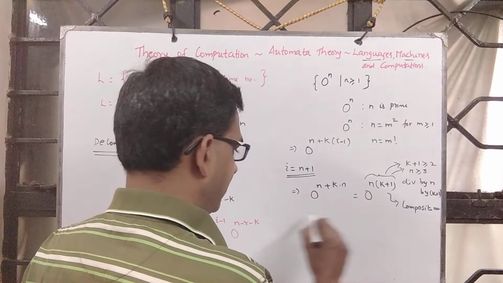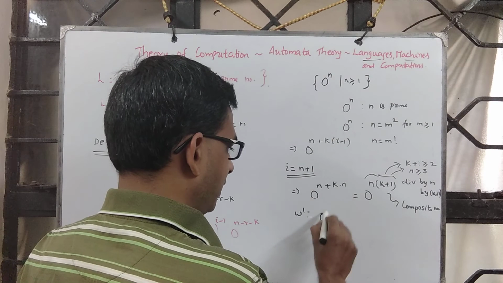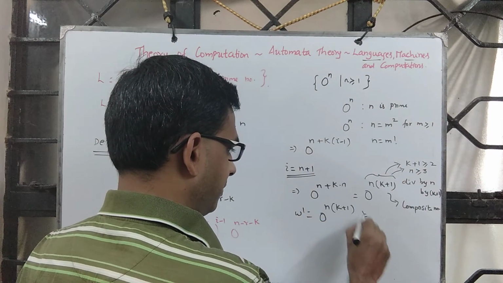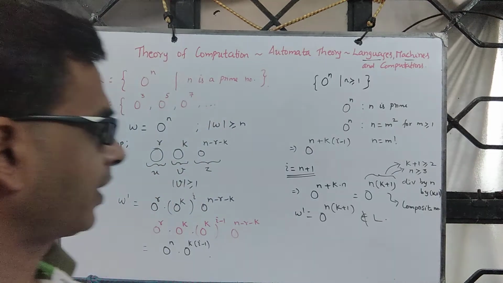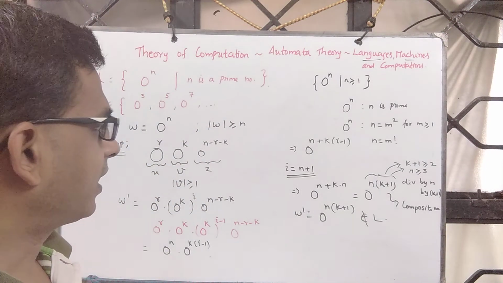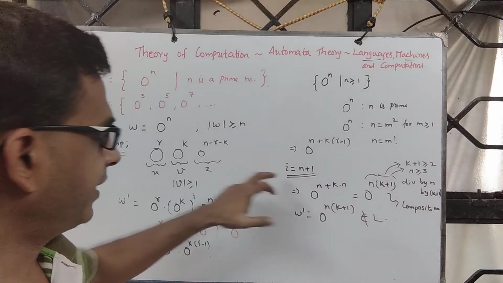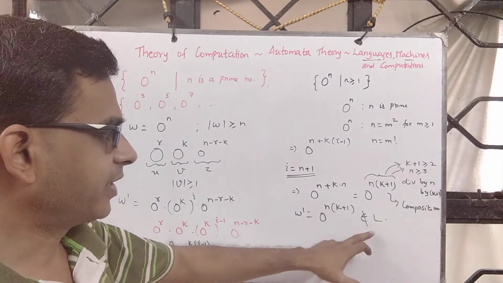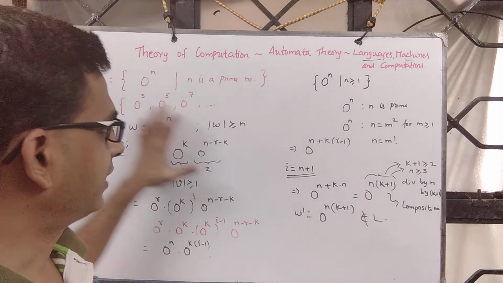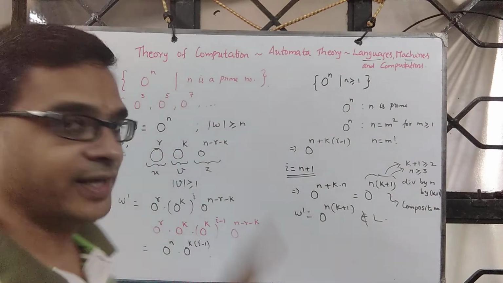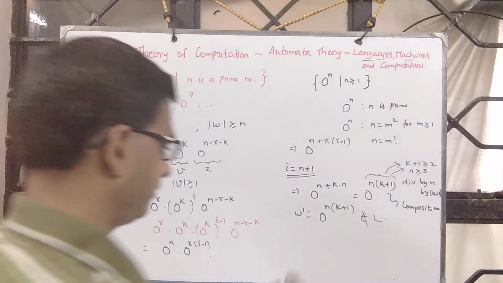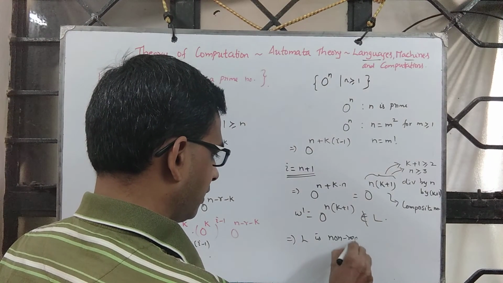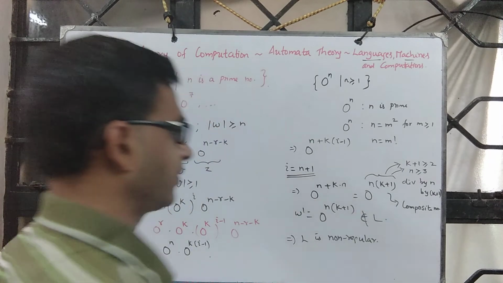Since it's a composite number, w prime equals 0 to the power of that number, and this is not part of L. So that shows that here is w, here is i, for which we have produced a string which is not part of L, and therefore you can conclude that L is non-regular. Fine.